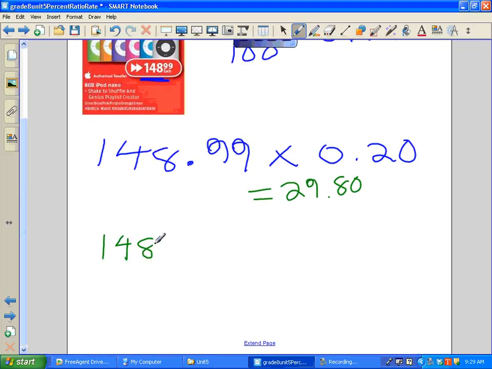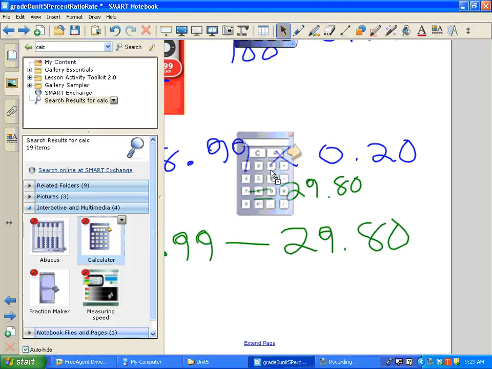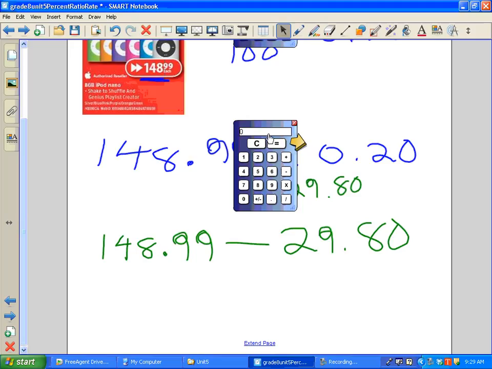So when they say off the price, we're going to take away. So $148.99, take away $29.80. And if we go ahead and work that out with our calculator, $148.99 take away what we're getting off, $29.80.